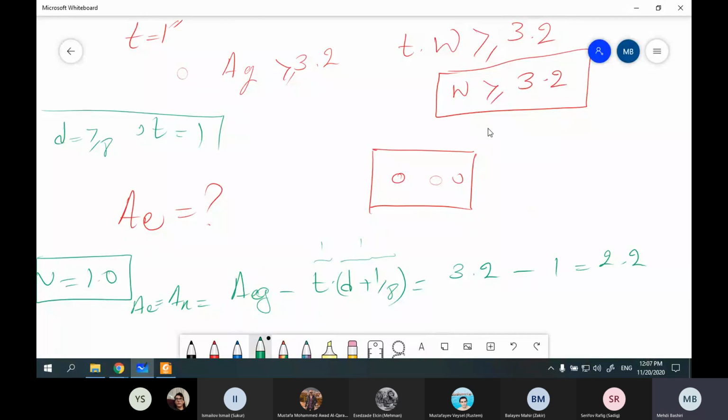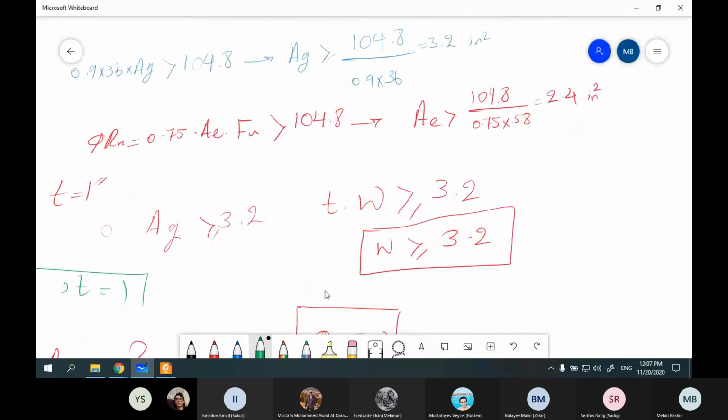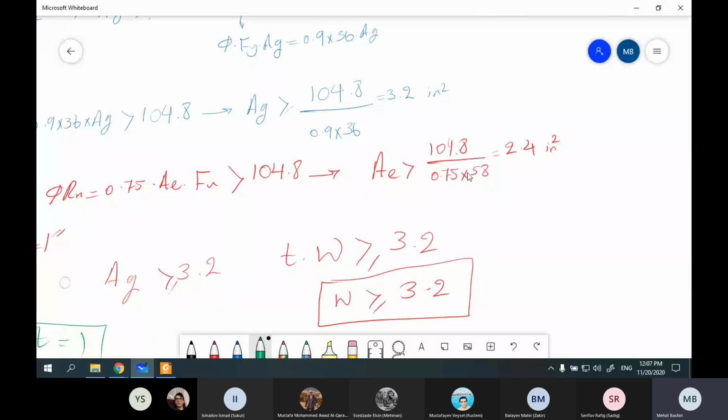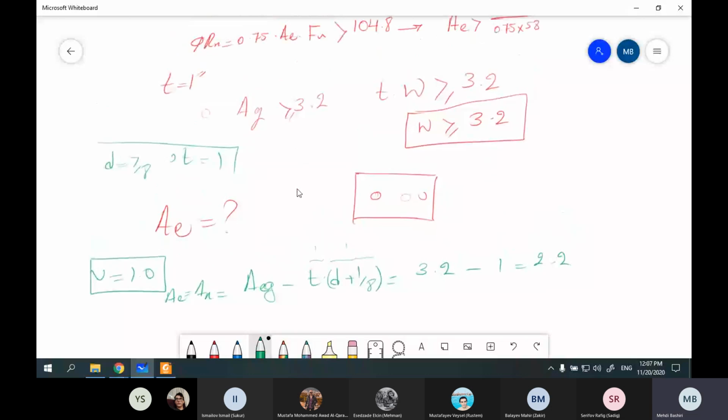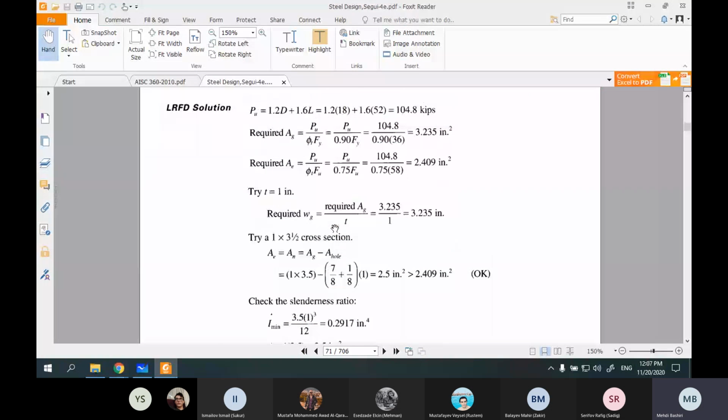What was the required Ae? 2.4. So for this section, you should pick something more than 3.2, for example, 3.4.